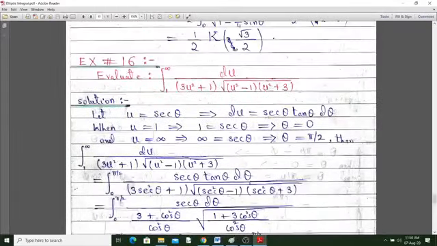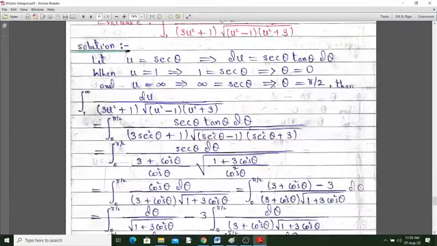So we put this transformation into the given expression, and we get this expression, and then you see this is secant square minus 1, and secant square minus 1 means tan square, and when you put tan theta outside this root, that tan theta and this tan theta are cancelled, and we get this expression, and here we write secant square as 1 over cos square. Similarly here we write this secant as 1 over cos, and we get this expression.